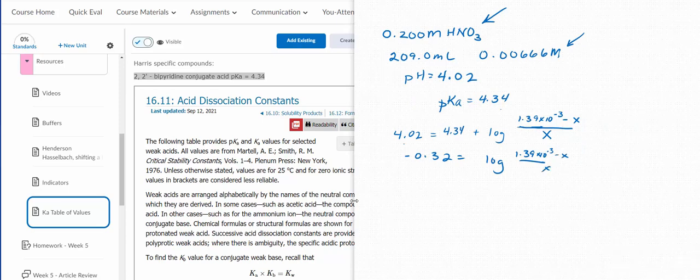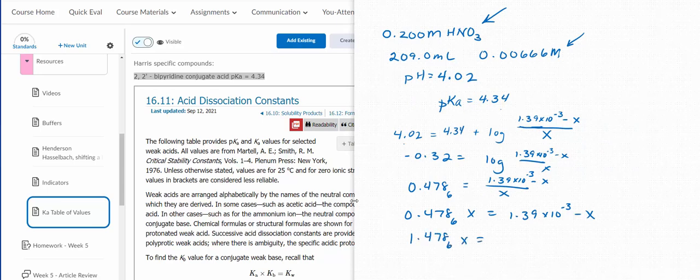I take the anti-log of that negative 0.32 in order to get that ratio by itself, so 0.478, and I have more digits. They're going to stay in my calculator, equals 1.39 times 10 to the negative third minus X over X. Multiply both sides by X, collect our X's, so we're going to add X to both sides, so this becomes 1.478X.